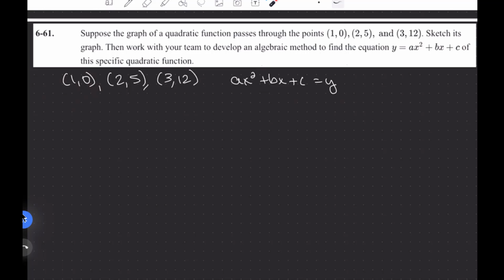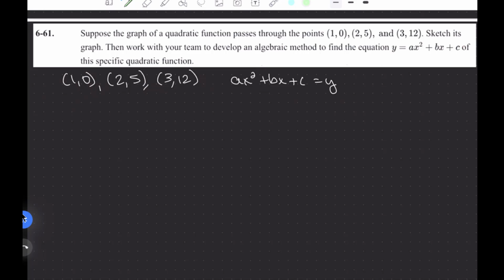And then with the second point, I'm going to plug it in for X and Y, and I'm going to get a second equation. And then you're going to get a third equation, and then we're going to solve them, right? Because now we have a system of equations. That's crazy how that just adds together. Isn't it? It's like, whoa, this is so cool.